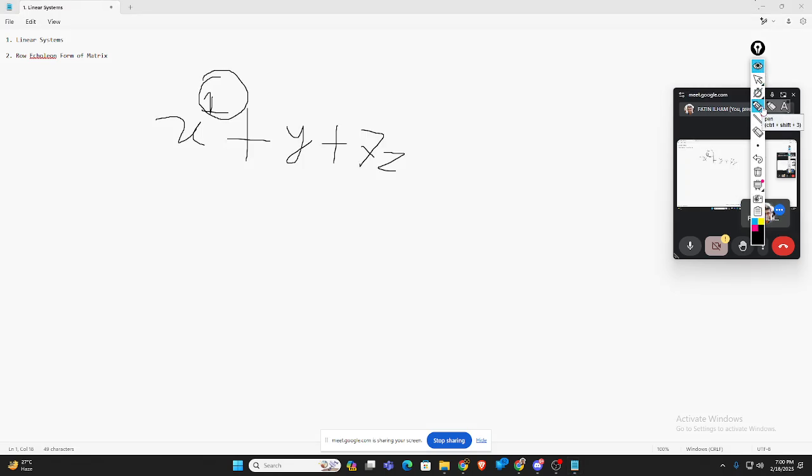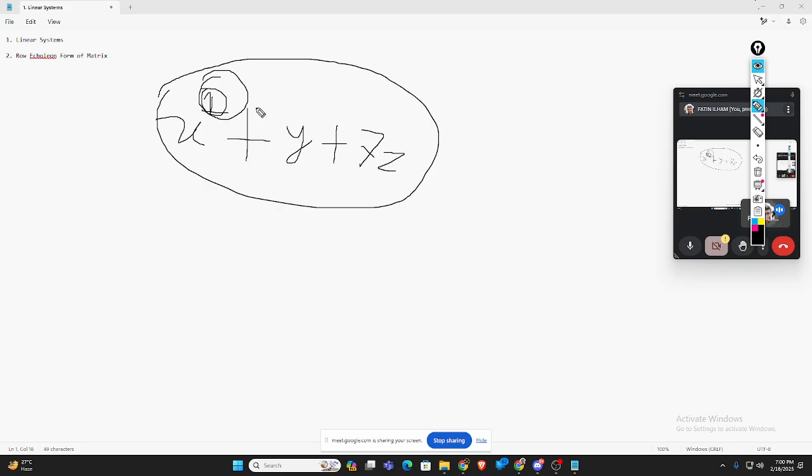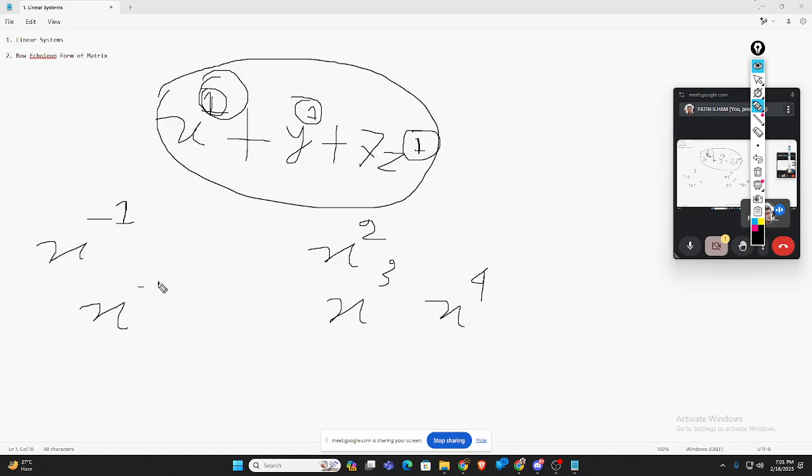So linear systems means this, which I have written. Notice that there is a power of only one, nothing else. It cannot be x square or x cube or x to the power 4, or even below 1, like x to the power minus 2, or even 0.